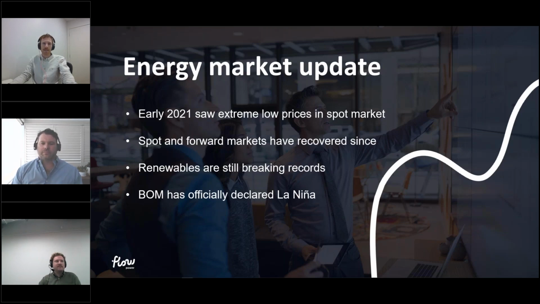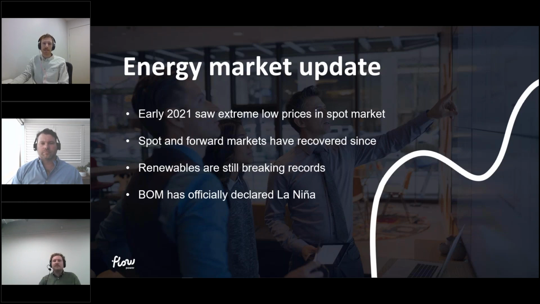We climbed out of that pretty quickly, particularly in the north of the country, in Queensland and New South Wales to a lesser extent, on the back of an explosion at the Callide C Power Station in May, and a few other variables like higher gas prices and cold weather. Q2 delivered the strongest ever Q2 spot prices in Queensland and the highest Q2 spot prices in New South Wales for a number of years.